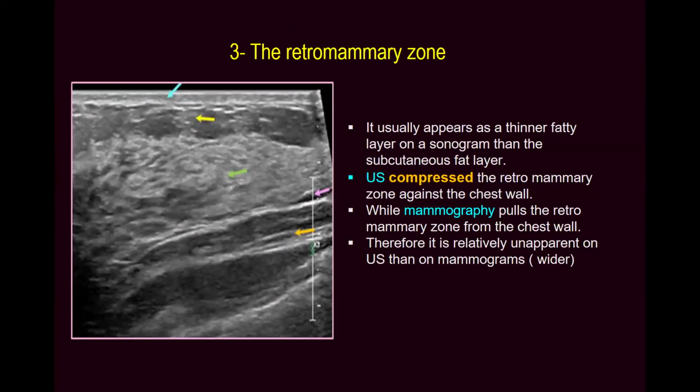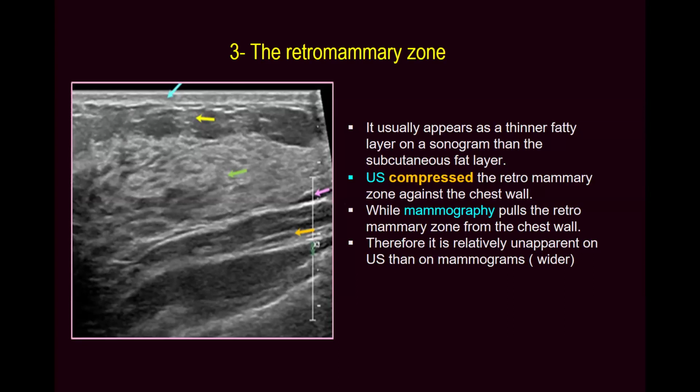It usually appears thinner, as we have seen in the previous example and even in this example. It is usually thin compared to the pre-mammary fat. Why? In the same patient, if we compare mammography and ultrasound, it will appear wider on mammography, but narrow on ultrasound. Why? Because on mammography, we pull the breast away from the chest wall, so we open that area.